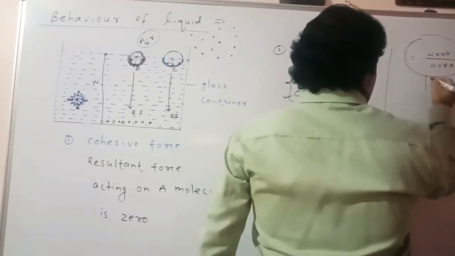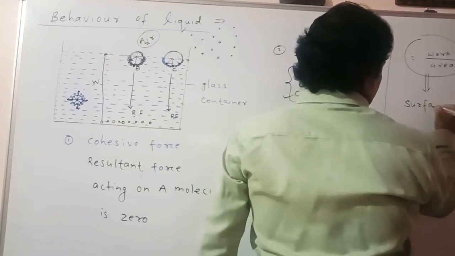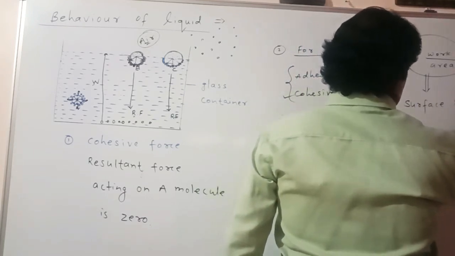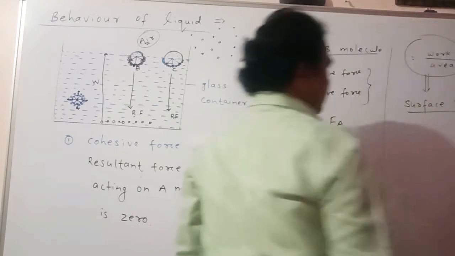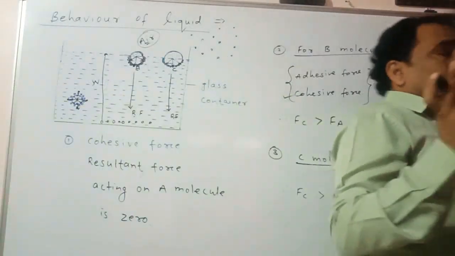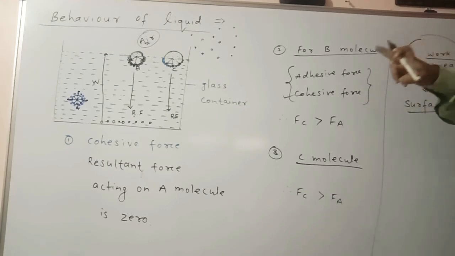This concept is known as surface energy. So here we get a new concept, that is surface energy. So in short, what does surface energy mean? Whatever may be the work done, that work done divided by the area of water surface, that is the surface energy.